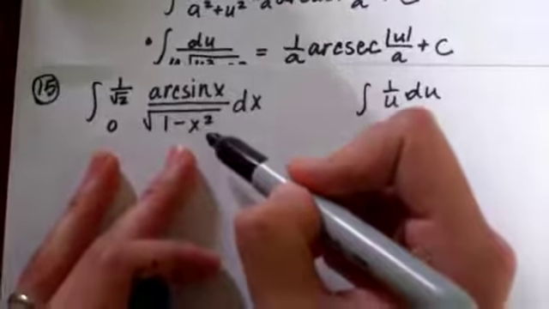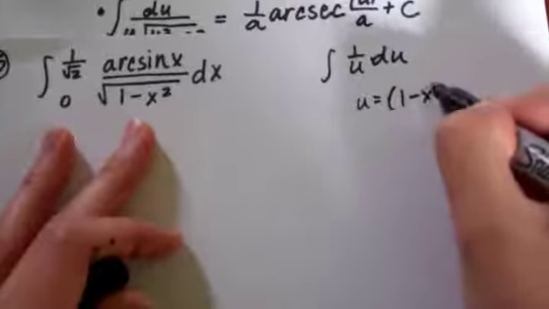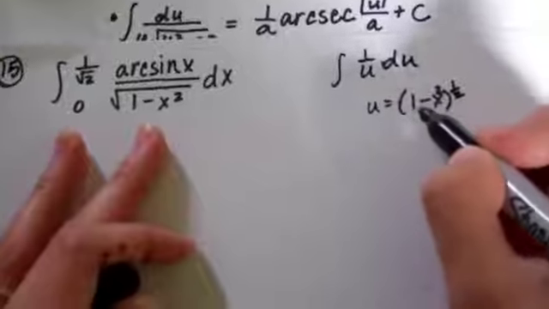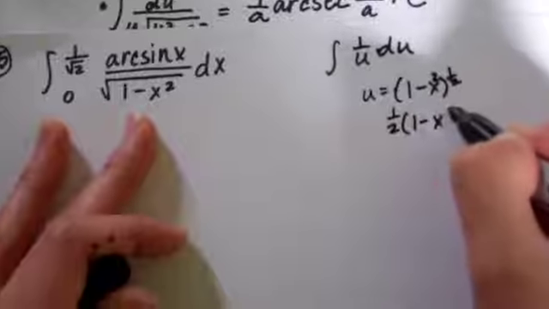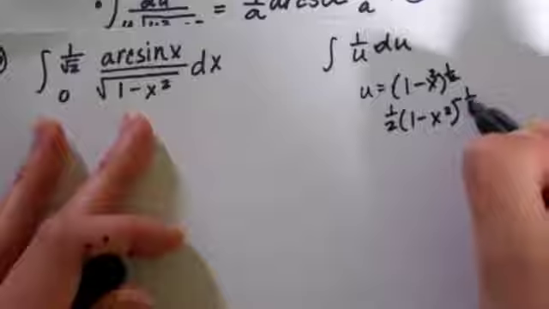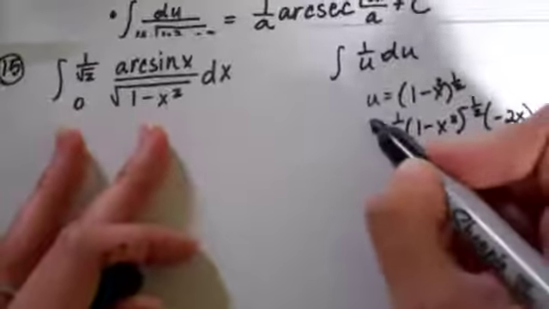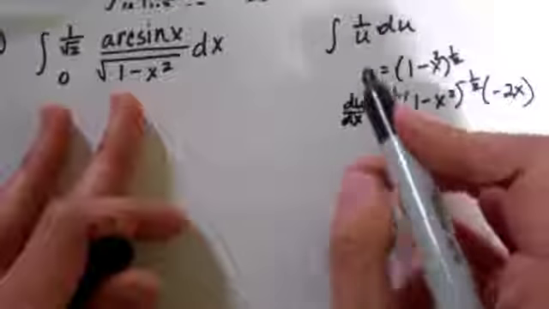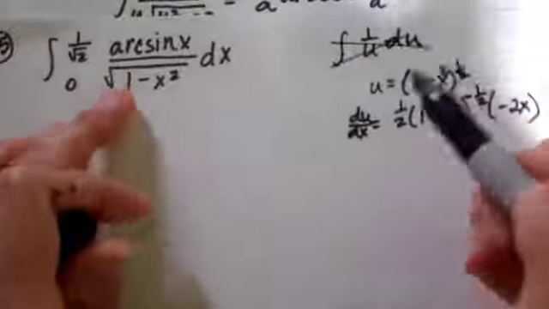However, once again, we do not. If you were to let u equal 1 minus x squared to the 1/2, this would require the chain rule and all. We would just get 1/2 1 minus x squared, leaving that inner function going to the negative 1/2. And then we could go in and multiply by the inner function's derivative. So here is du, or du dx, so we just derived u. What you can see is that has nothing in common with this. So this is also out of the picture.